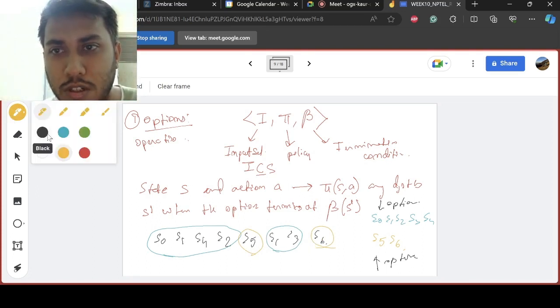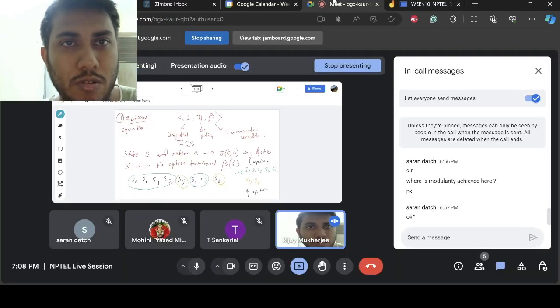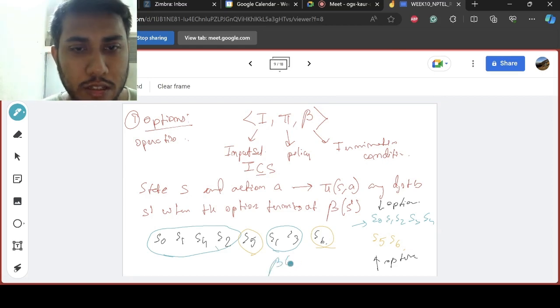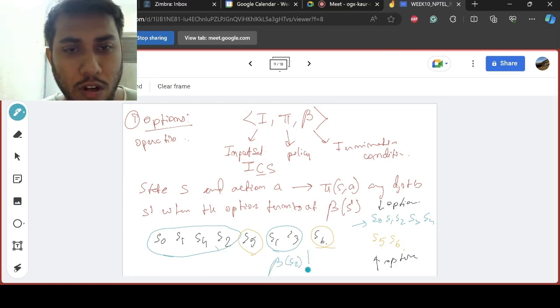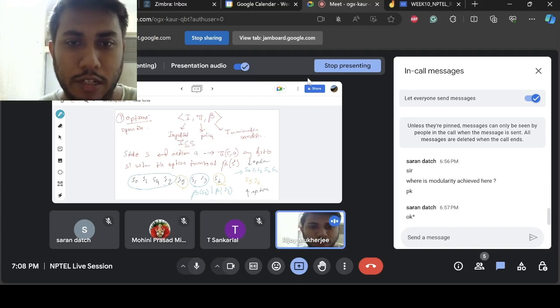Okay. So tell me, what will be the termination condition for this? Our termination condition for this will be beta S2 or beta S3, right? Because there it terminates from one option to another option, right? I hope this is clear for you, how we are trying to define your I, pi, and beta.